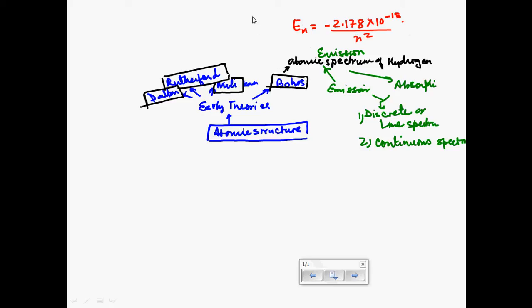If an electron is transitioning between initial n_i and final n_f, you can give that change in energy as Rydberg's constant, with value negative 2.178 times 10 to the negative 18, times 1 over n_f squared minus 1 over n_i squared, where i is the initial, where the electron started the transition from, and f is the final, where it ended. Sometimes you are asked to calculate these changes in energy.